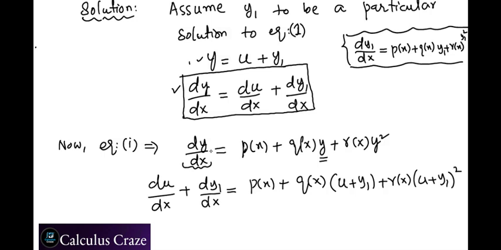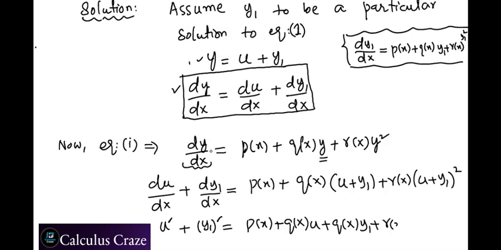When you simplify, you get the derivative of u plus the derivative of y1 equals p of x plus q of x times u plus q of x times y1 plus r of x times u squared plus 2u y1 plus y1 squared, and this bracket closed.